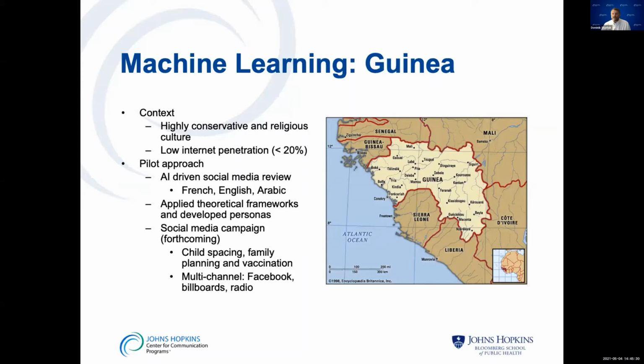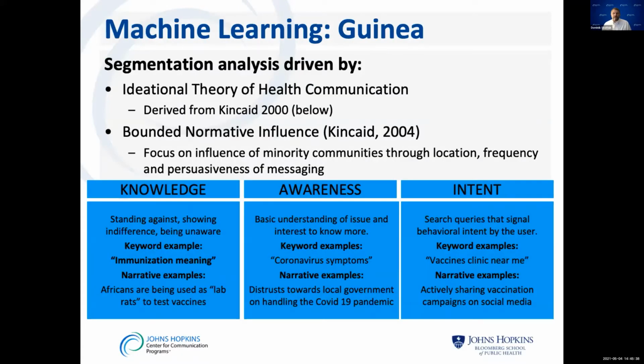This work is being done to drive interest in social media campaigns focused on a variety of health topics, including COVID vaccination. Within this project, we applied 2 theories that originated at Johns Hopkins CCP. My colleague will drop some citations to both articles in the chat. First, the team used the ideational theory of health communication to organize data into 3 categories: knowledge, awareness, and intent.